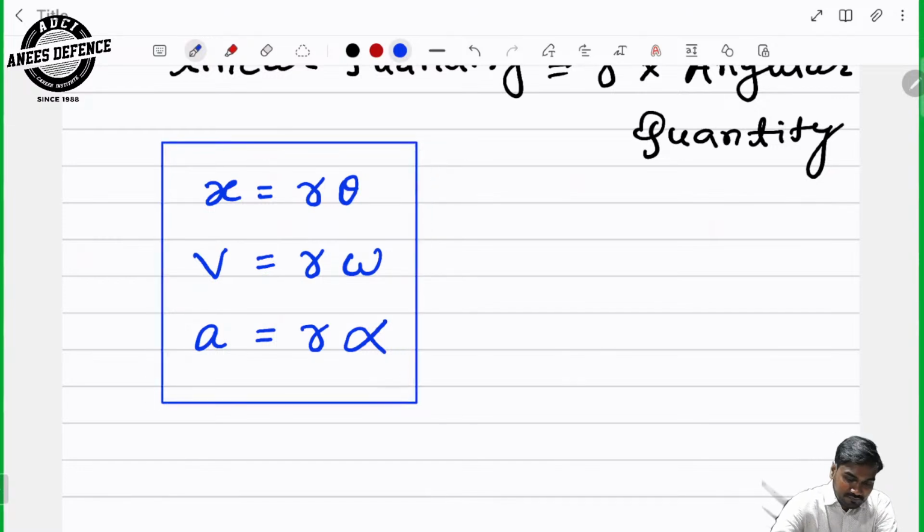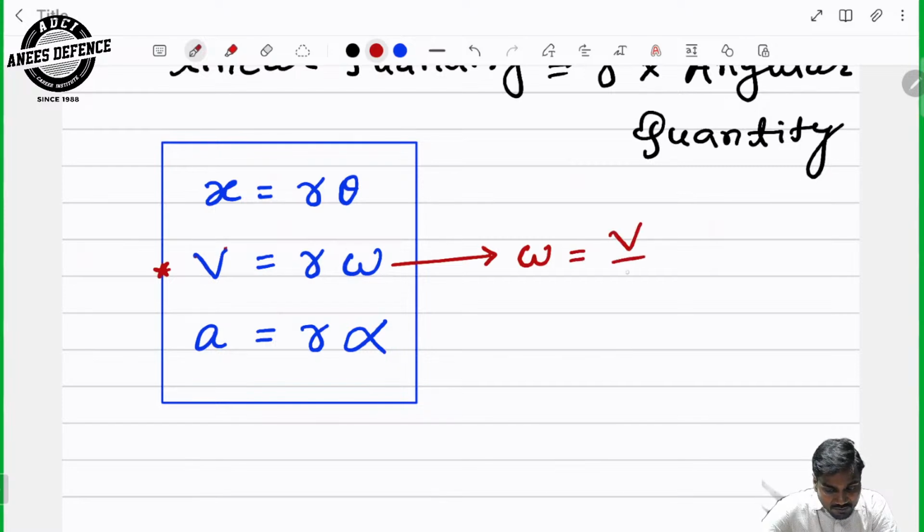Is it clear? Always remember, you can convert linear into angular and angular into linear. This is important. Listen. If you have to calculate omega, what can you write? Very good, v by r.